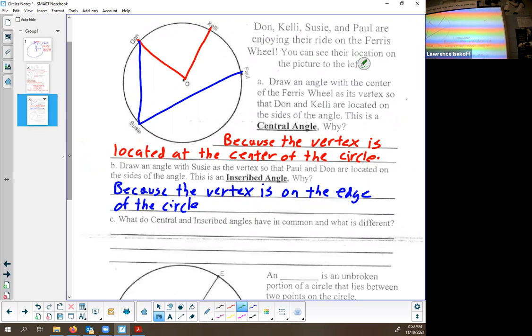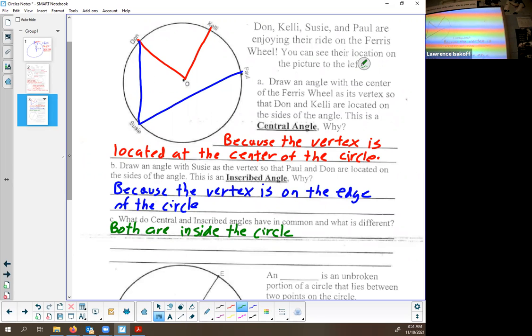What is different? Both are inside the circle. What do you notice is different about them? Some differences are between the arc they relate to and the angle, but we'll get into that next week.